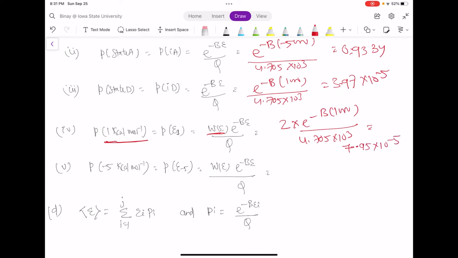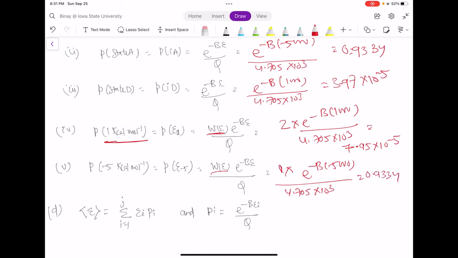Same for minus 5, but here W is 1, so 1 times e to the power minus beta times minus 5000 over q, which gives the same value as for that state, 0.9334.